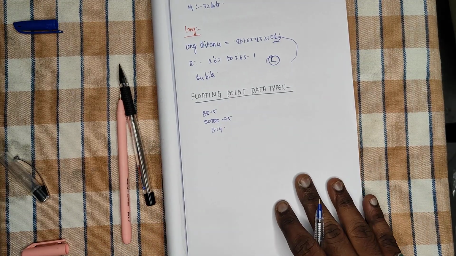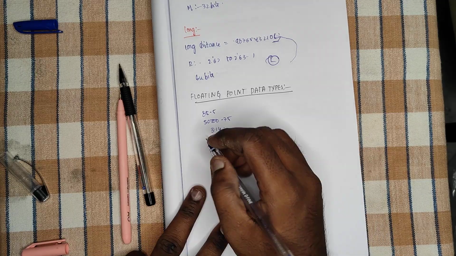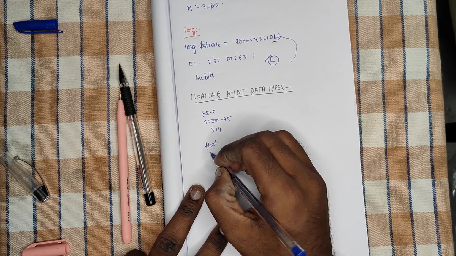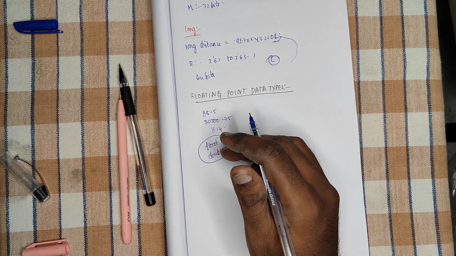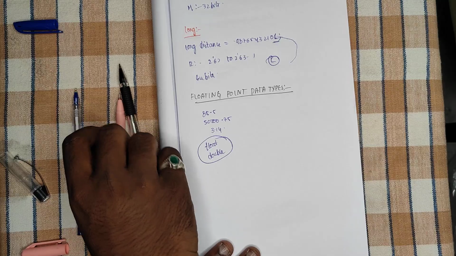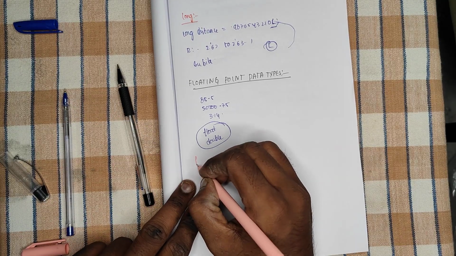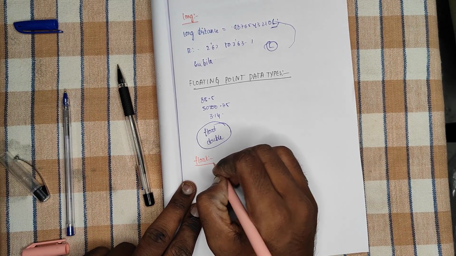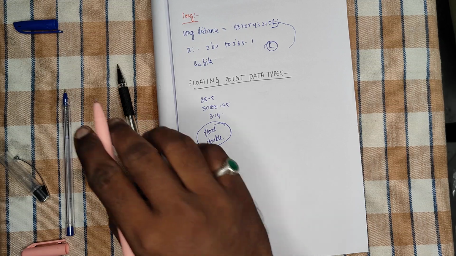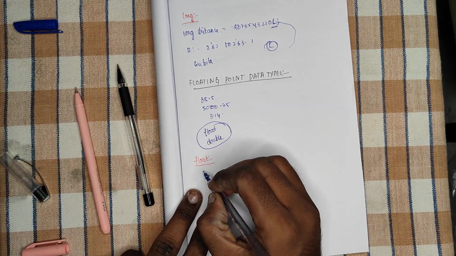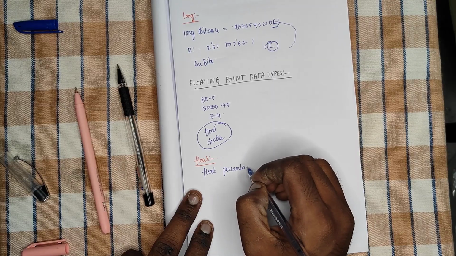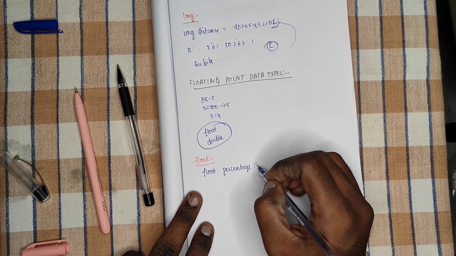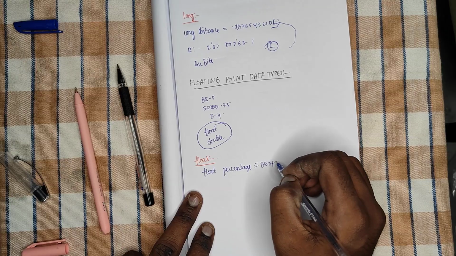We use floating point data types. These are float and double. So float: float percentage is equal to 85.5F.